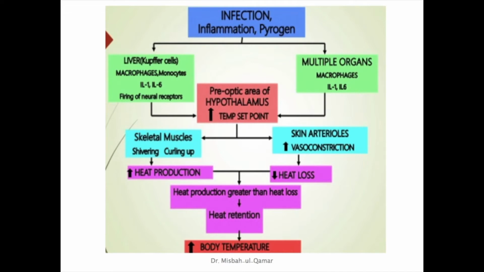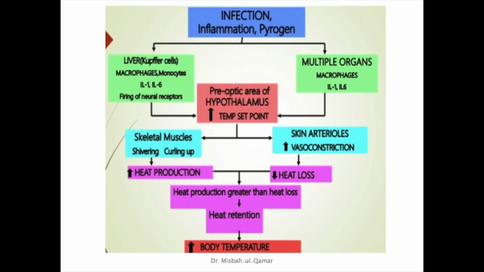In this figure, you can see the mechanism of the action of these pyrogens. You see that the pyrogens, either they act directly on the hypothalamic center, or they act indirectly via the cytokines, especially the interleukin 1.